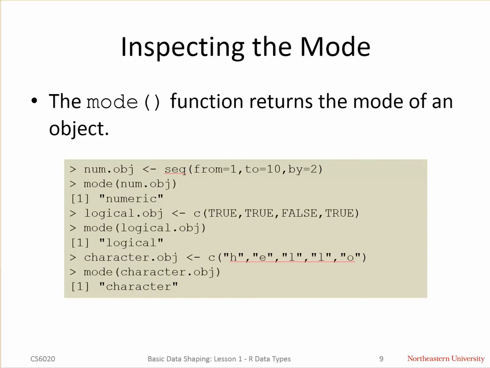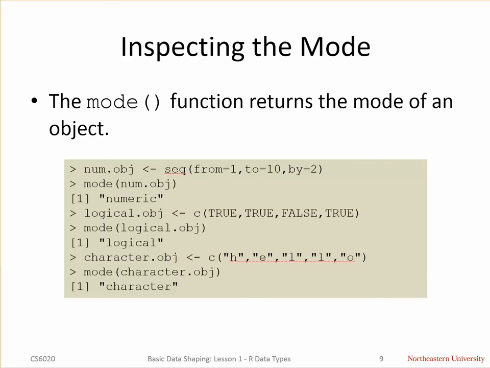I always think that I have the num object followed by the property obj. But in any case, num.obj is assigned the sequence from 1 to 10 in increments of 2 using the seq function. Now we want to find out what mode num.obj is.